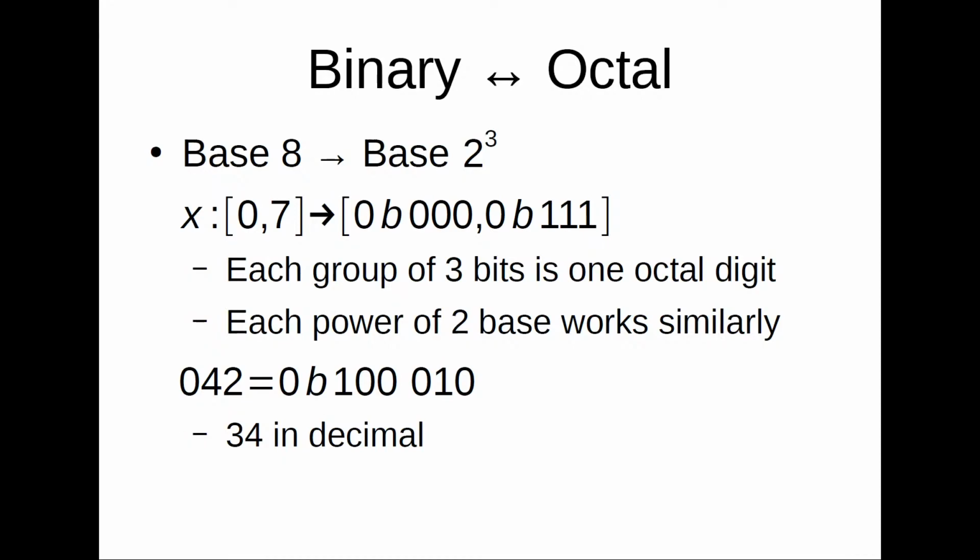Now, octal used to be a lot more common when computers used memory that were multiples of 6 instead of multiples of 8 bits, like they are today. And it's not super common anymore, but you still see it in stuff like Unix file permissions, because there's 3 special permissions, which is the set UID, set GID, and sticky bits.